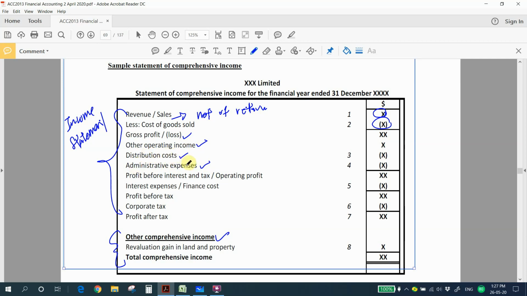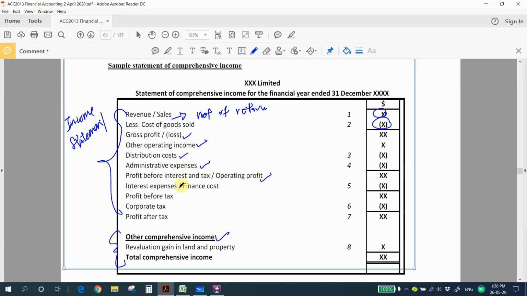Administrative expenses are those expenses used to maintain the operating of the business, for example, the salary for staff, the rental of your warehouse, and so on. After that, you will get profit before interest and tax, or we call it operating profit. If you get a negative amount, then this will be a loss before interest and tax, or operating loss.